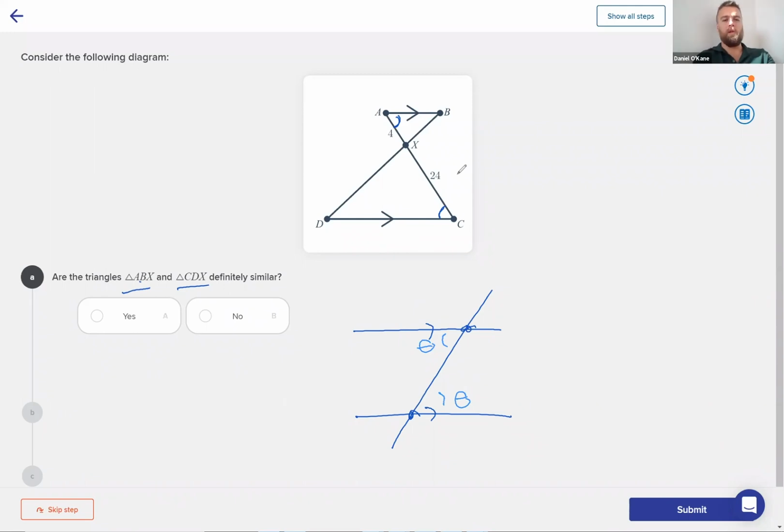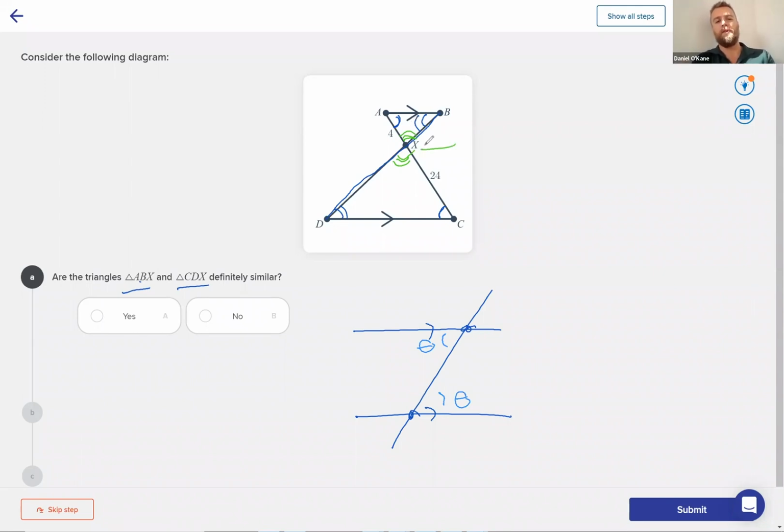Also, because of two parallel lines, if this is my transversal, I know this angle and this angle are also going to be the same. And then by knowing that they're both triangles, you know that that third angle is also going to be the same. So yes, we have this angle, angle, angle similarity where you can use those transversals through parallel line theorems to determine those three angles are equal.